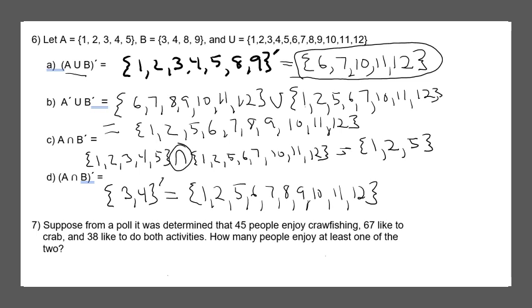But again, if you think about it, you can't perform an operation until you know what you're operating on. That is, how can I take the complement if I don't know what the union is? How can I take the union here if I don't know the two complements? How can I take the intersection if I don't know the complement of B? How can I take the complement here if I don't know what the intersection is?